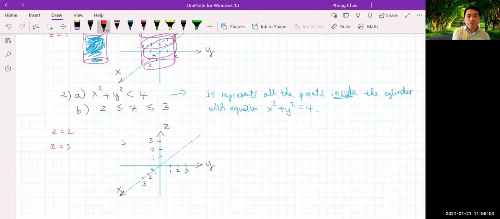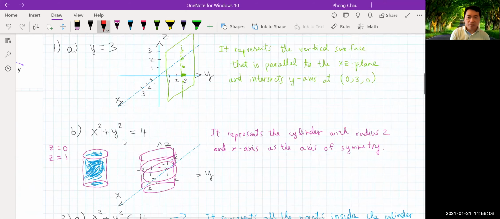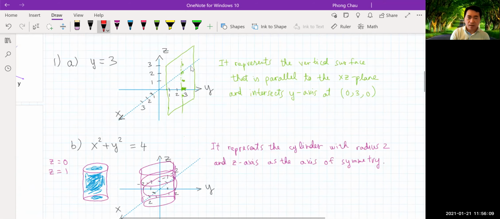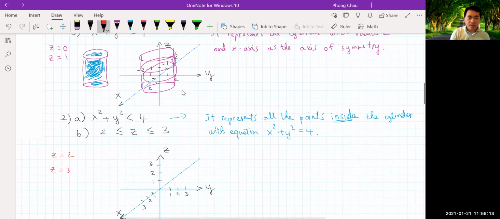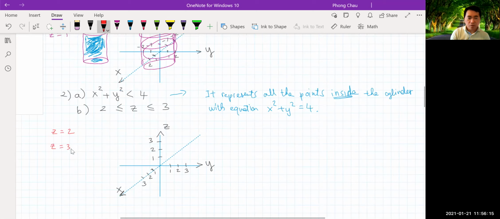Now, similar to y equal 3, you see that is a plane, right? Because y is always 3. Here it's the same. You're going to figure out what is the surface with z equal 3 and z equal 2. So where is z equal 2? Z equal 2 is here, right? So all the points with z equal 2 will be on the plane.